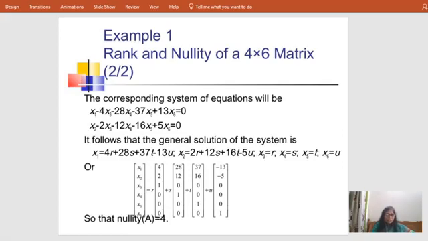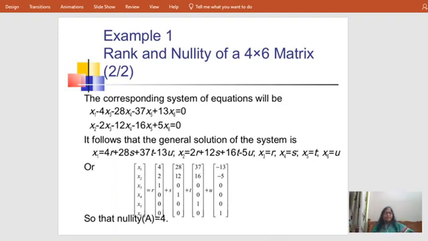Therefore, r into column matrix 4, 2, 1, 0, 0, 0 plus s into the coefficients of s, 28, 12, 0, 1, 0, 0, plus t into the coefficients of t, 37, 16, 0, 0, 1, 0, plus u into the coefficients of u, minus 13, minus 5, 0, 0, 0, 1.